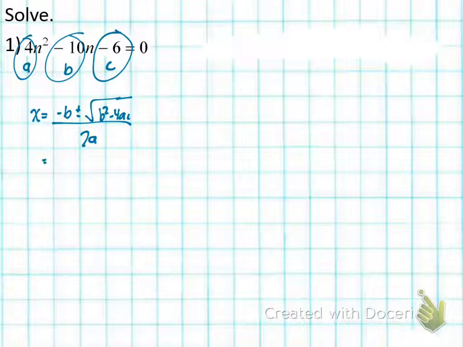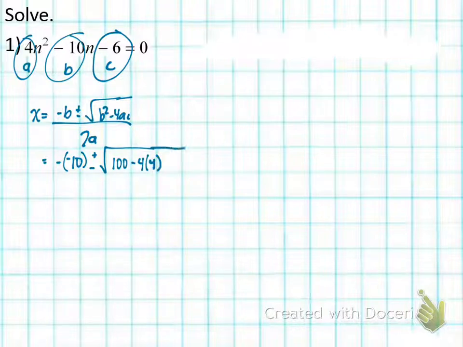So x is equal to -b. b is -10, so it's going to be -(-10) plus or minus the square root of b squared. b is -10, so -10 squared is positive 100, minus 4 times a. a in this case is 4, and c is -6, right? All over 2 times 4.